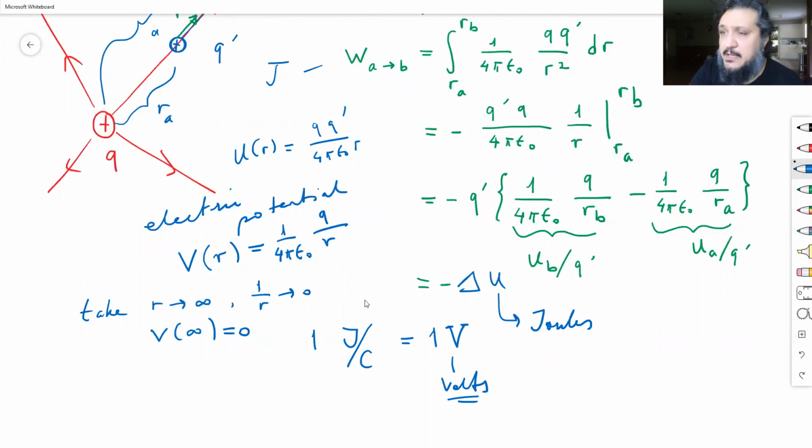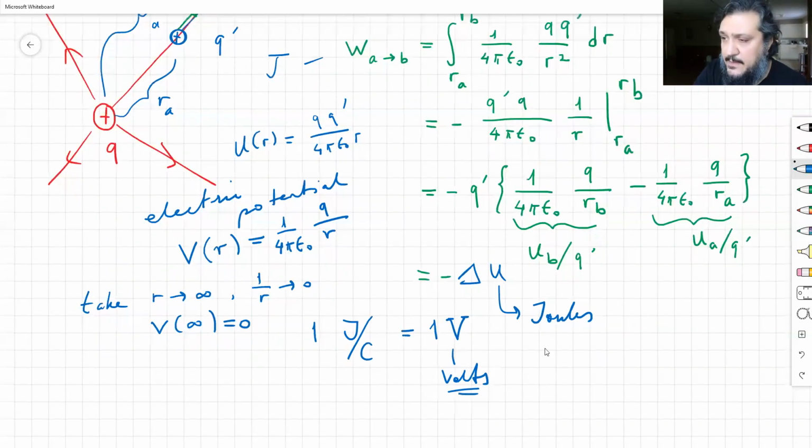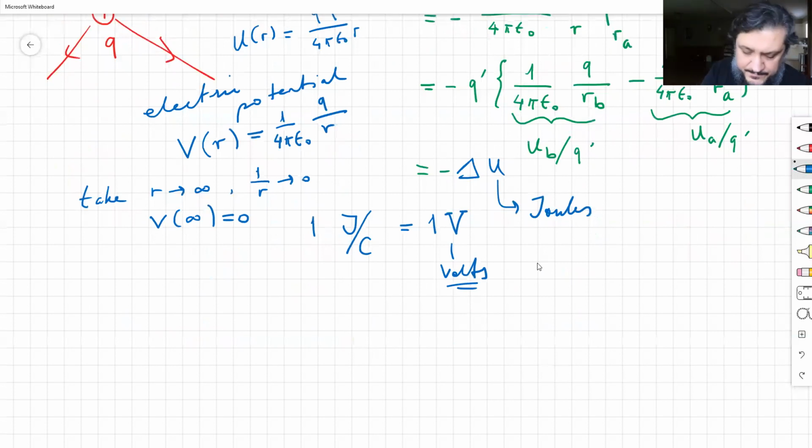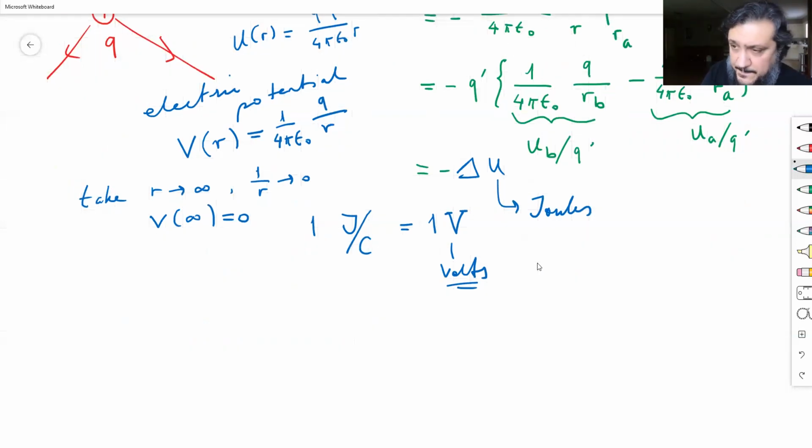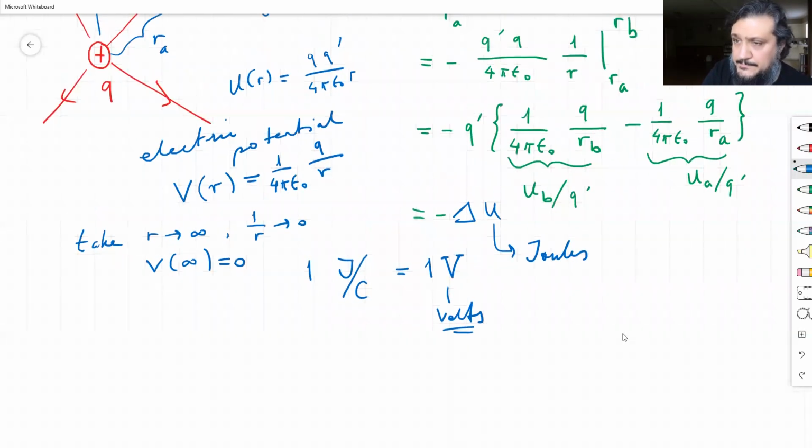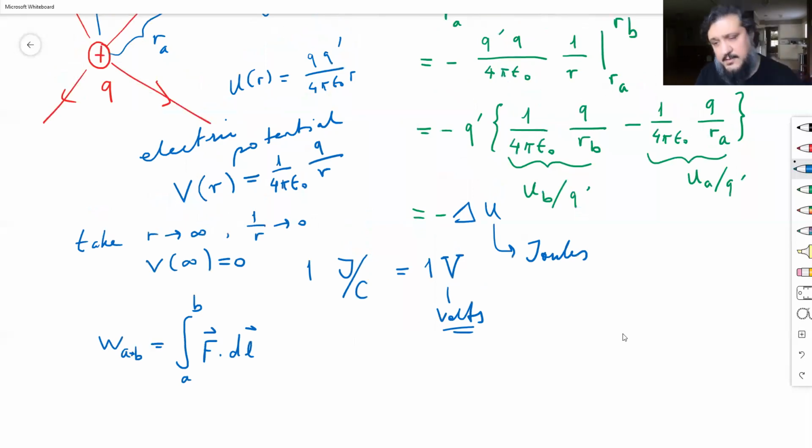Now, if you apply this formalism to the force formula, so here's what I mean. So we had the integral of F dot dl from A to B. This was equal to work done by this force from A to B, right? So what I did was I separated the test charge from the field.